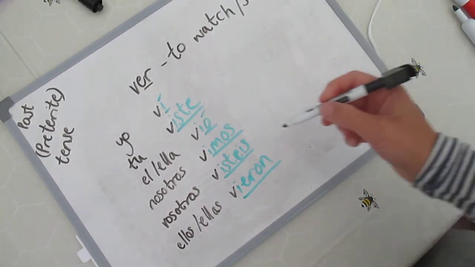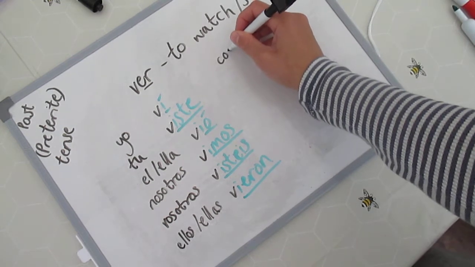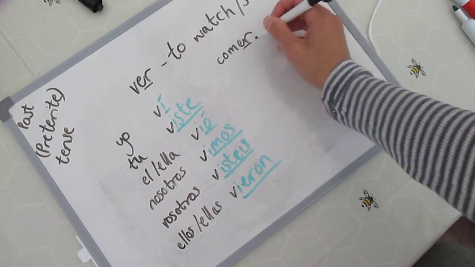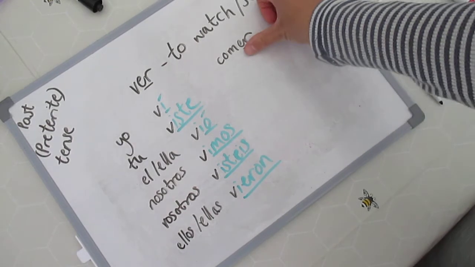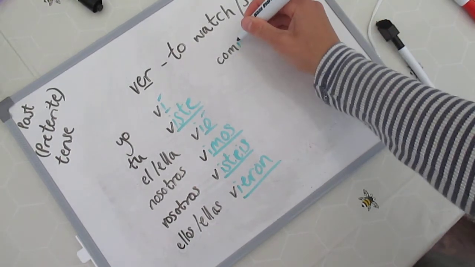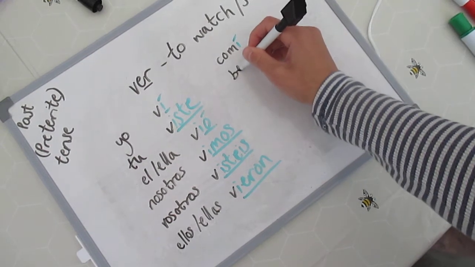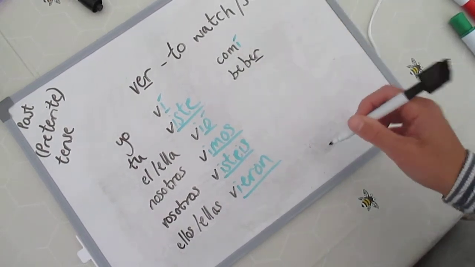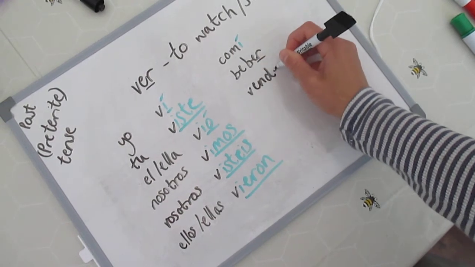So have a go at the other ones. For comer, which means to eat, we would take off the ER, we're left with com, then we add the I with an accent. So we've got comí. Okay, so have a go at beber for tú, that means to drink.